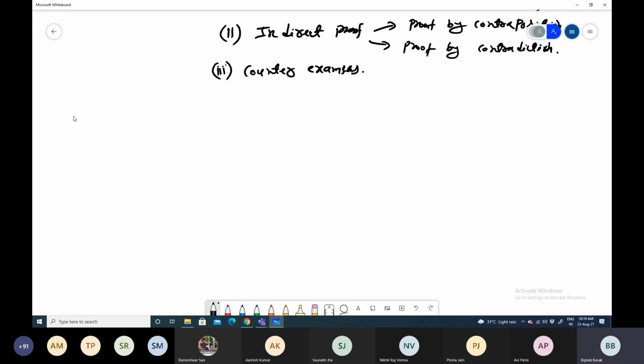So first one is proposition. So we have already defined this one, right? It is a declarative sentence which is either true or false, but not both. So this is called a proposition.